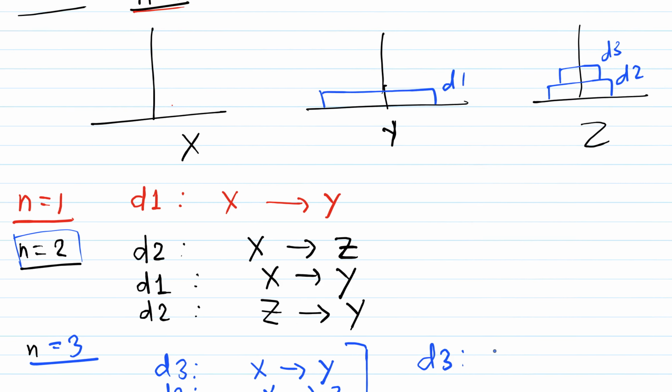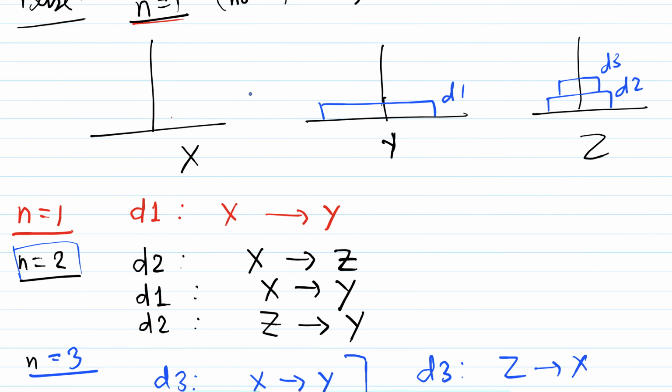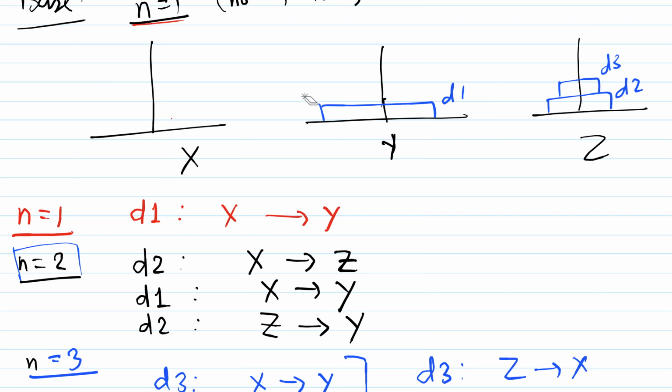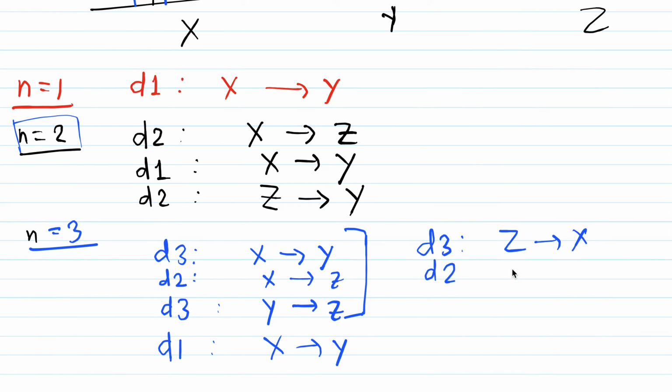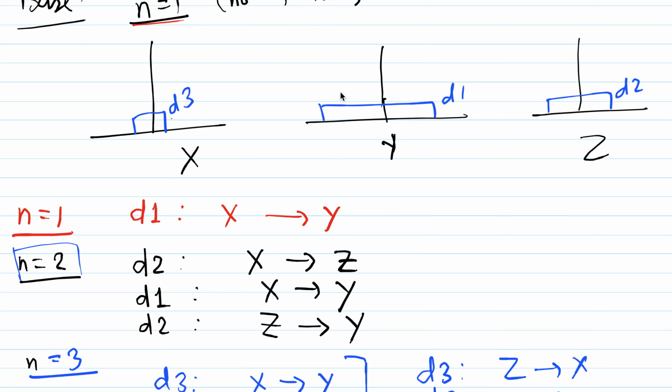Then we will move D3 from Z to X. So D3 will come here. Then we will move D2 from Z to Y. So D2 will come here.